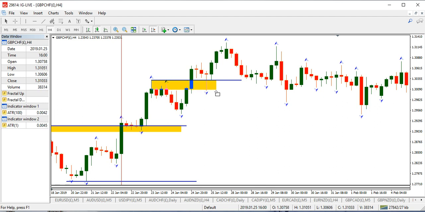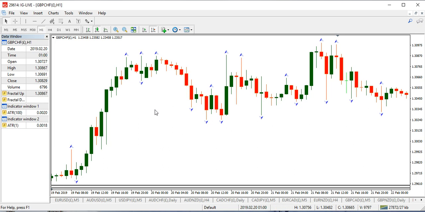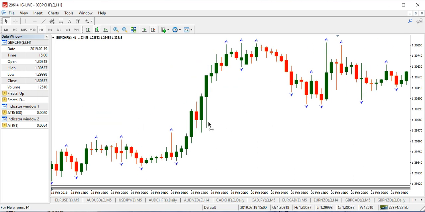For me, that would count because it's literally tap in and out. I don't know on the 1 hour. I've tried to get this on the 1 hour, so I'd love to be able to. I'm not sure what's going on here. Let's see. That's the 24th of January 2019 on the 1 hour.